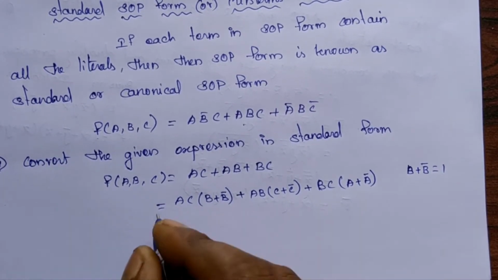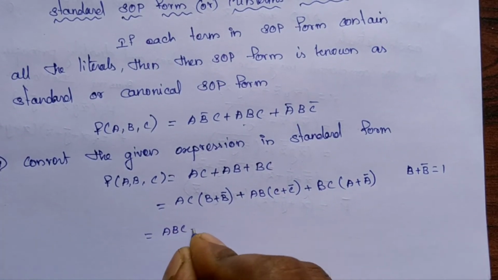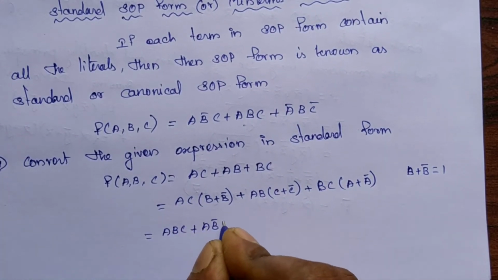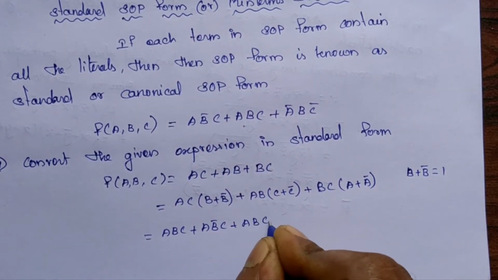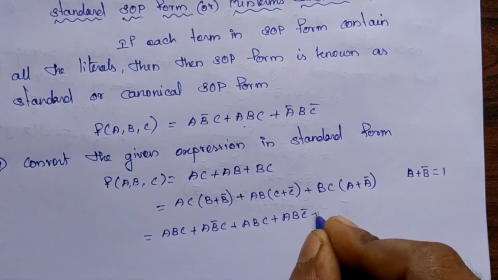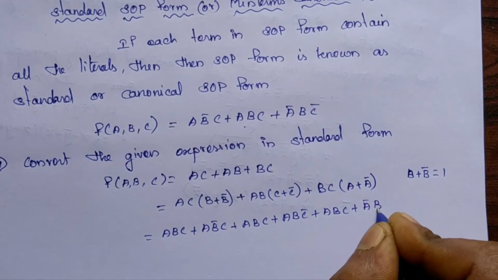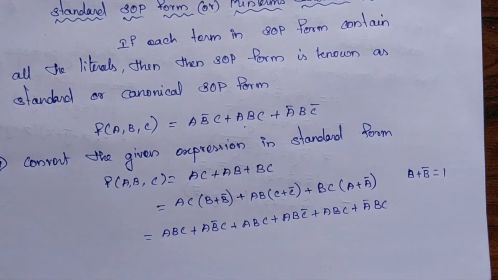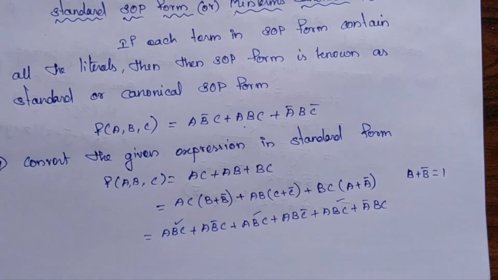So after that we are expanding the expression, therefore here abc plus ab bar c, then here abc plus abc bar, so here abc plus a bar bc. So after that here we are having abc, abc, abc. That means x plus x is equal to x.